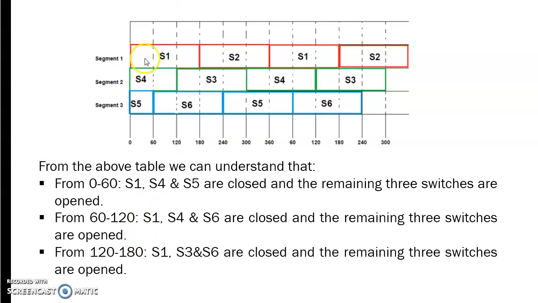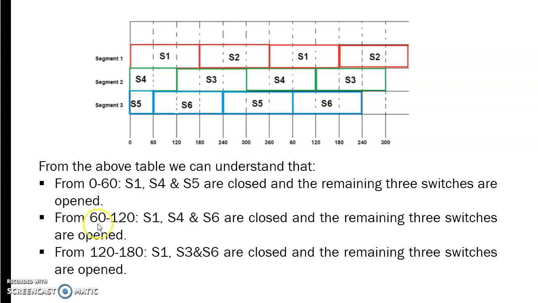You can see that now the S1, its 180 degrees is over. Then 180 to 240 you can see S6, S3 and S2. Then 240 to 300 S5, S3 and S2, and 300 to 360 it is S5, S4 and S2.